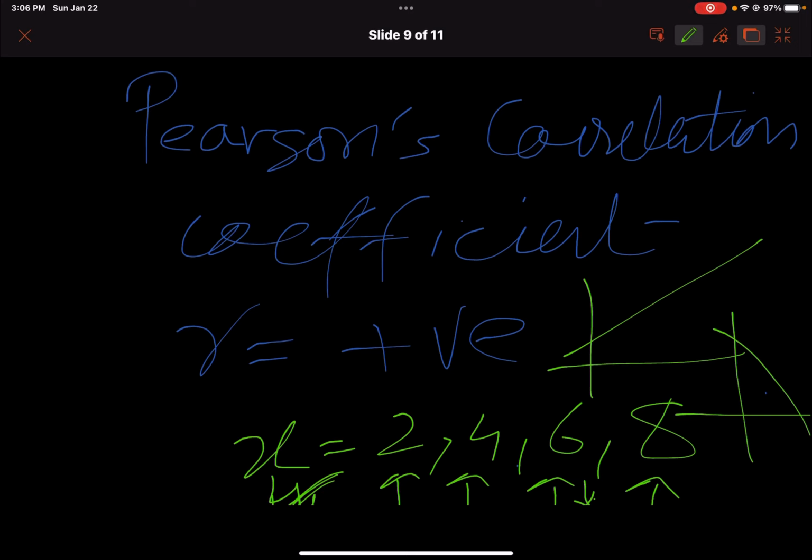Of course, there are some other statistical methods to determine that we can correctly interpret our correlation coefficient, but we won't go into the detail.